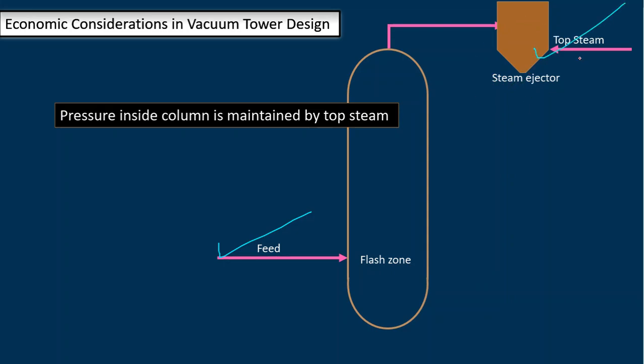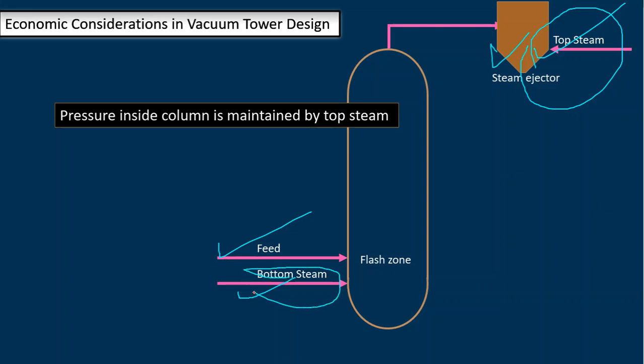The name is simply top steam because there is one more application of steam at one more location in the column, that is the bottom steam. This top steam is used for the steam ejector, and the bottom steam has its own application. But let us discuss the top steam.